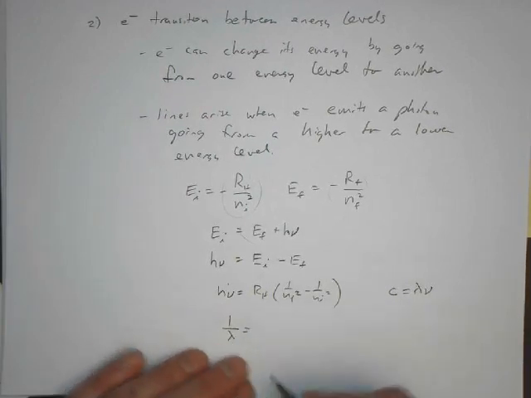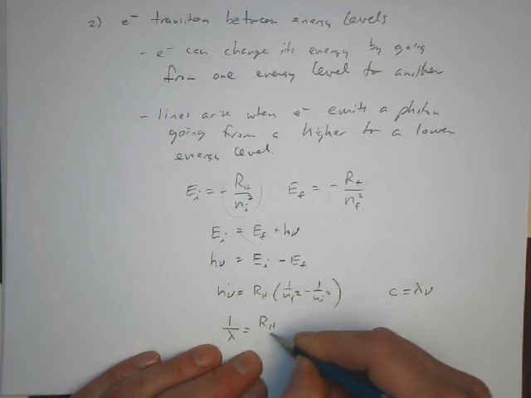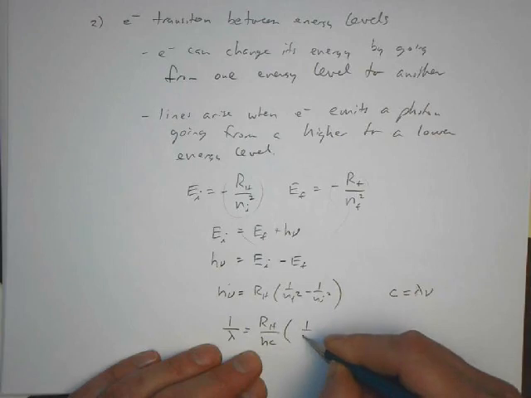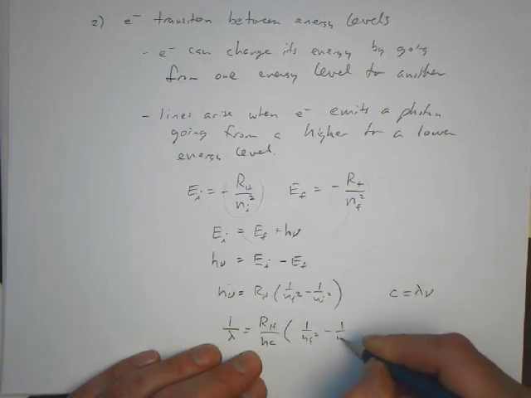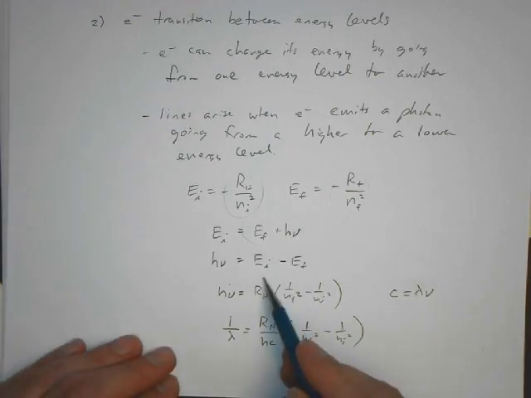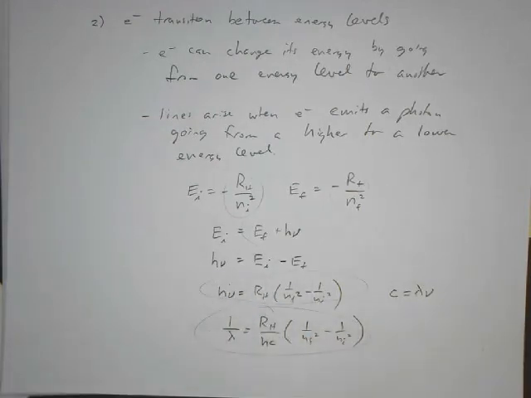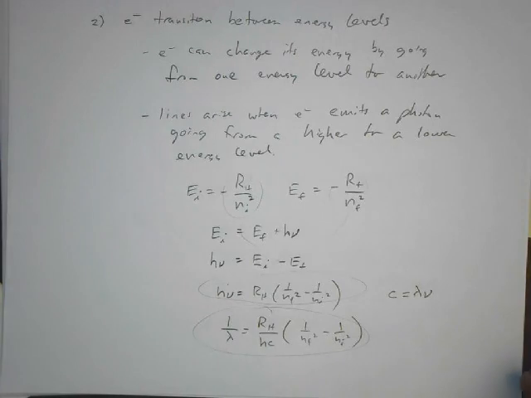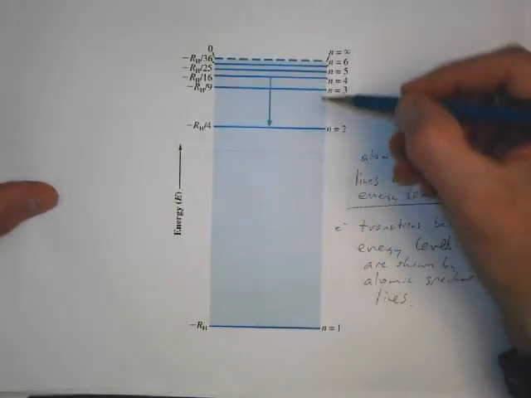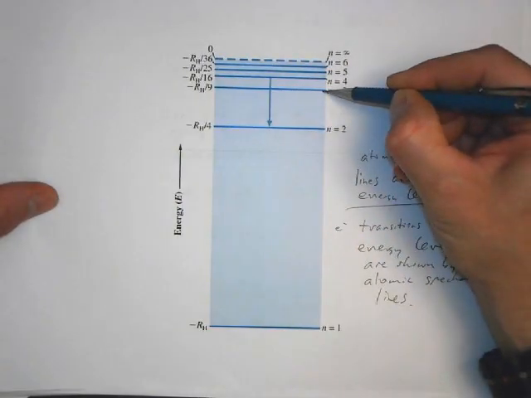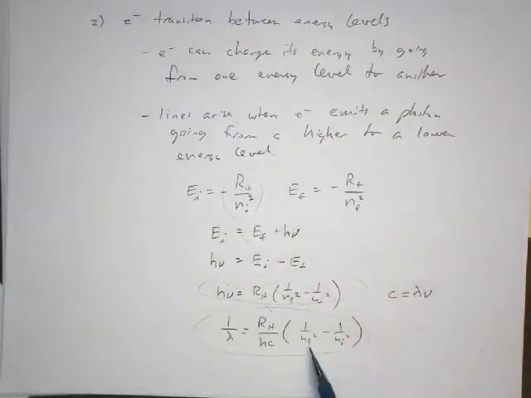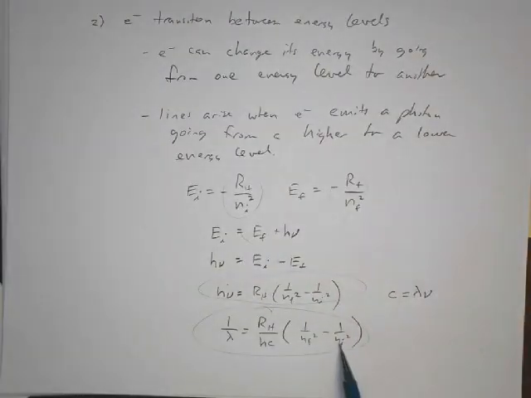If you're interested in the frequency, the equation would look like this: Rydberg constant over h times 1 over the final energy level squared minus 1 over the initial energy level squared. With these equations, you can calculate the energy that would be given off if an electron is going from, say, energy level 3 to energy level 1. So the initial would be number 3, and the final would be energy level 1.